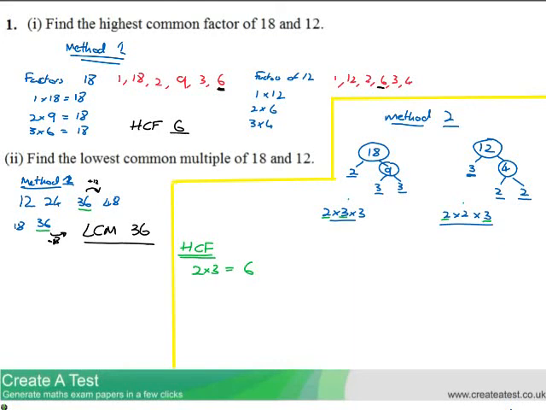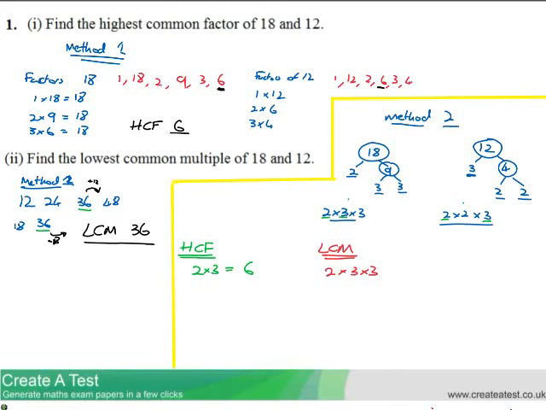Now looking at lowest common multiple, we need to take a slightly different approach. To be a multiple of 18, this new number must have in it 2 times 3 times 3.